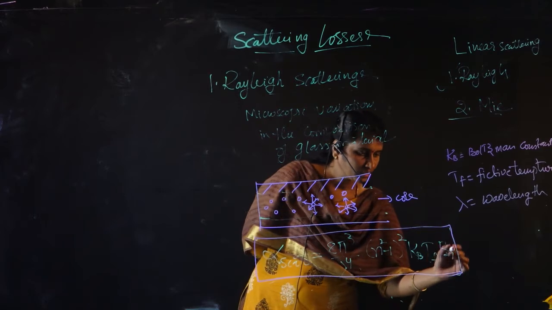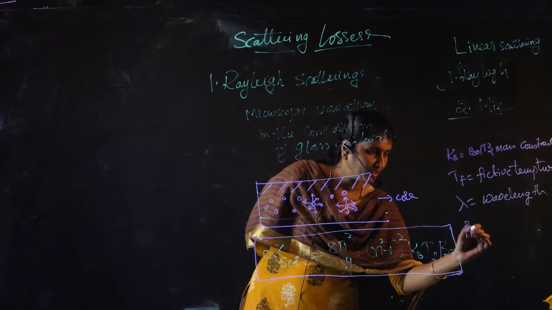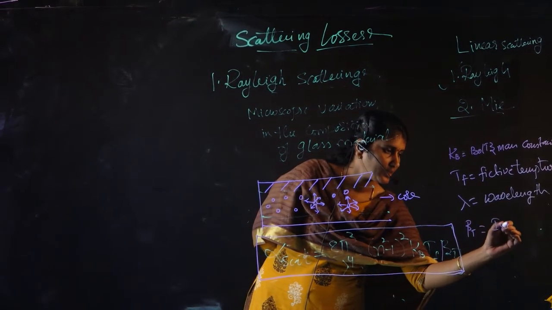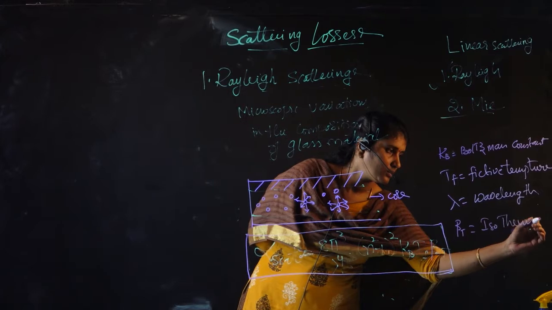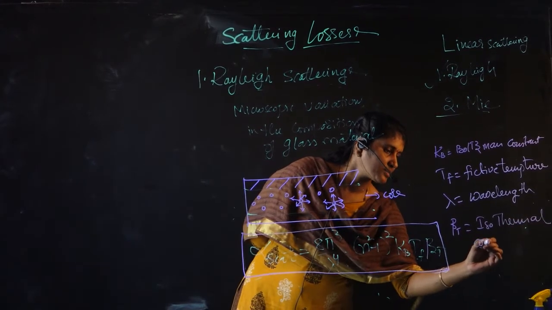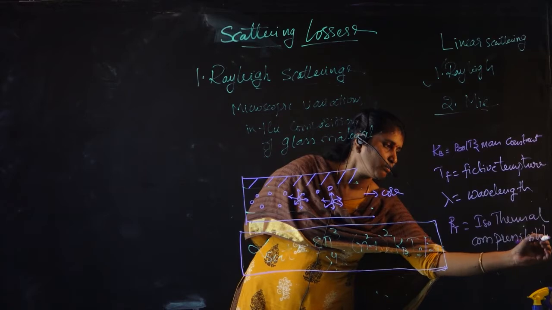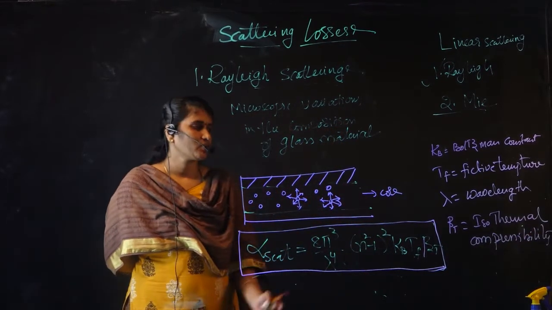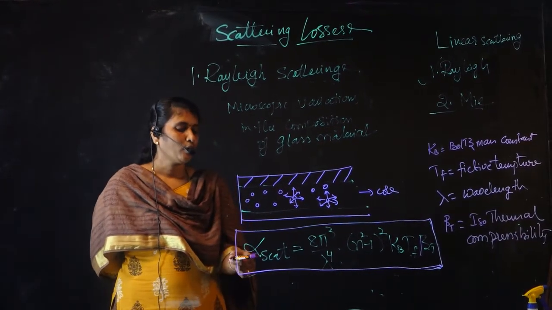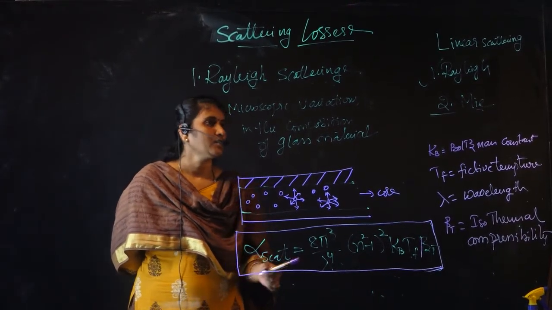And this is β_T. β_T is the isothermal compressibility. So this is the equation that governs the amount of attenuation that can occur in the scattering loss.